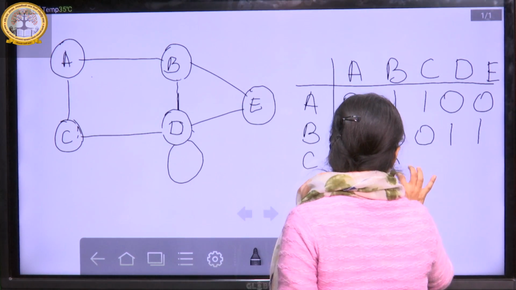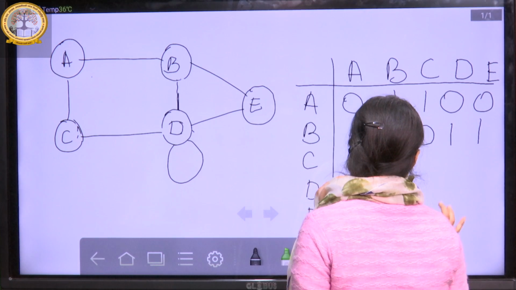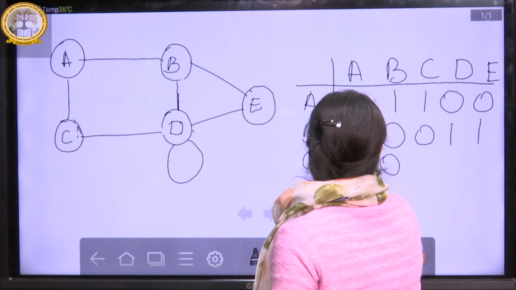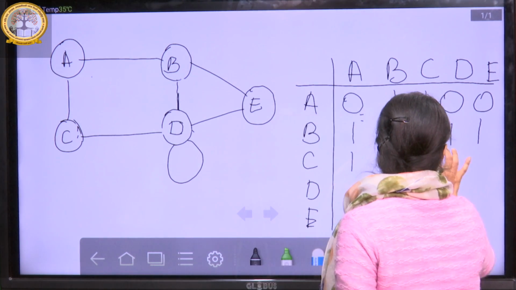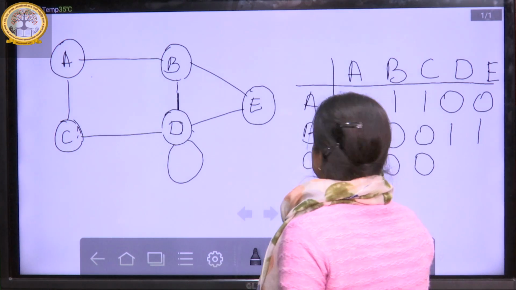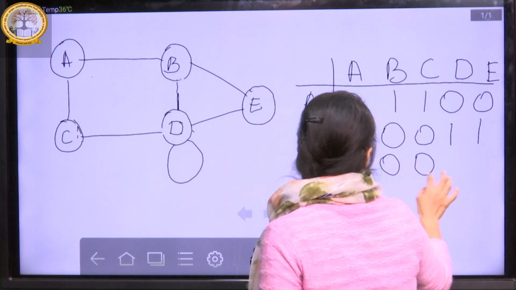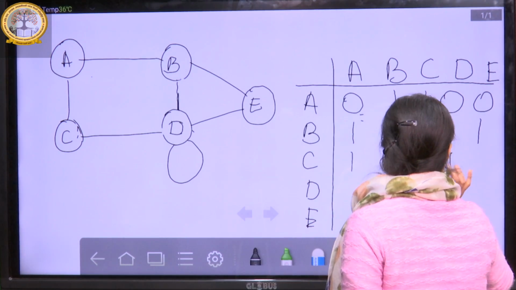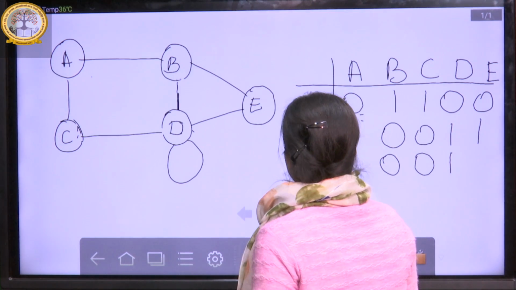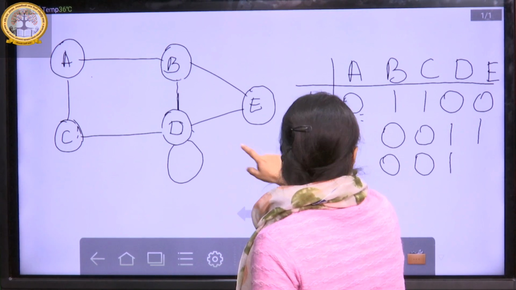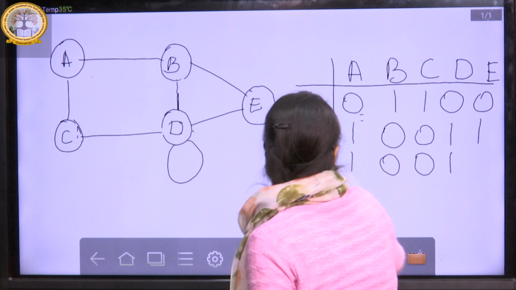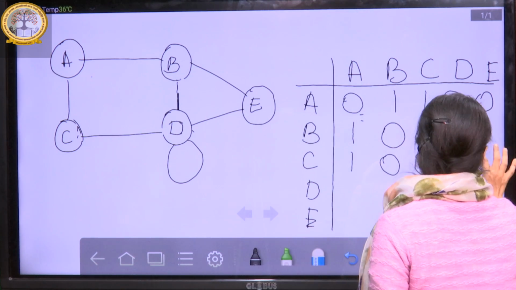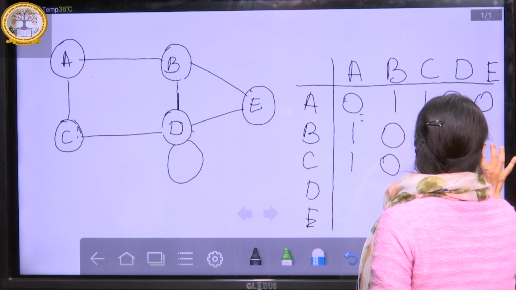No. Then we are going to put 0 here. C to C, no self loop. C to D, yes, there is an edge, and we are going to put 1. From C to E, there is no direct edge or adjacent edge, so I am going to put 0 here.